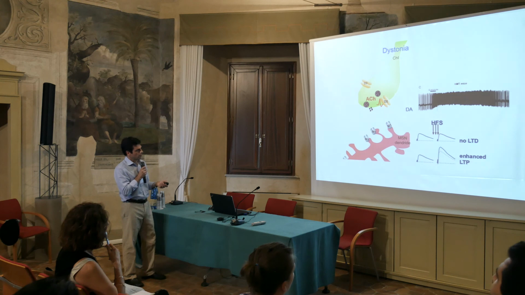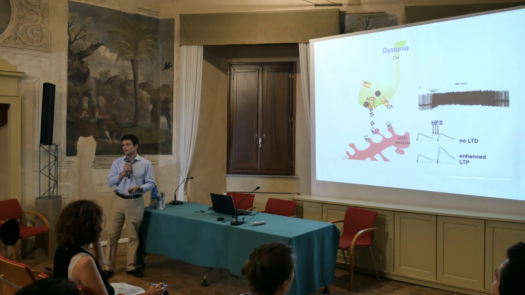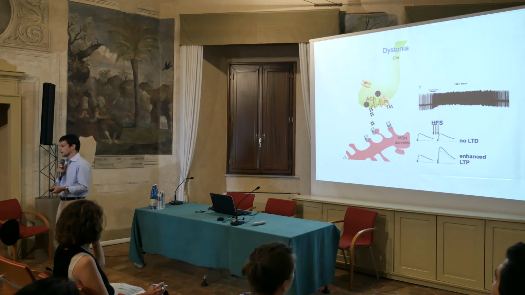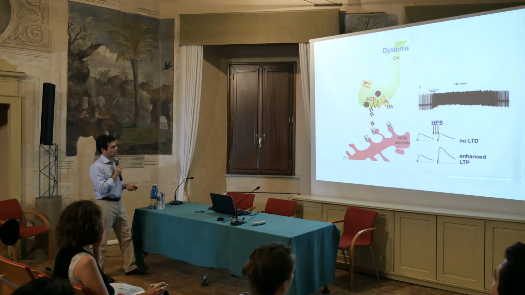In dystonia, what we get is an aberrant excitation by dopamine, which causes a further increase of acetylcholine that excites M1 muscarinic receptors on the dendritic tree of medium spiny neurons. And this is the idea we finalized to explain these dopamine and acetylcholine deficits.